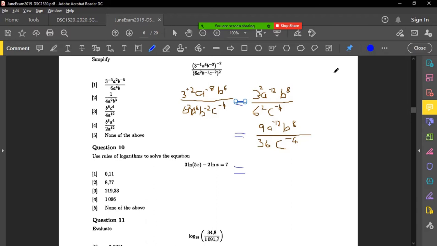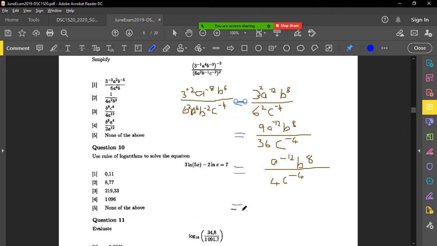Go bigger. 9 can go into 36. 36 divided by 9 is 4. So this would become A minus 12, B 8, and this will become 4, C minus 4.